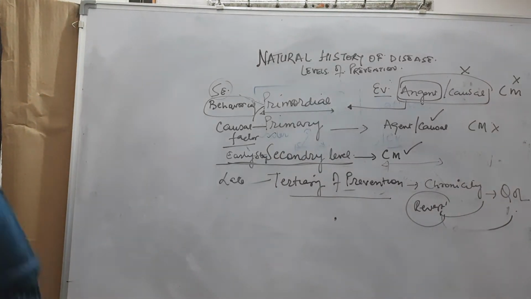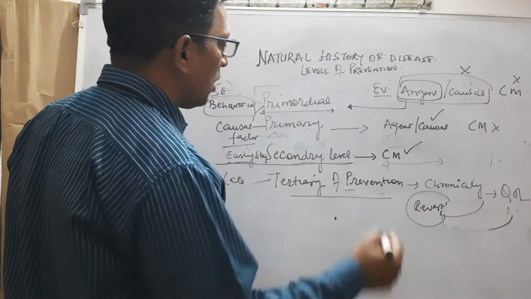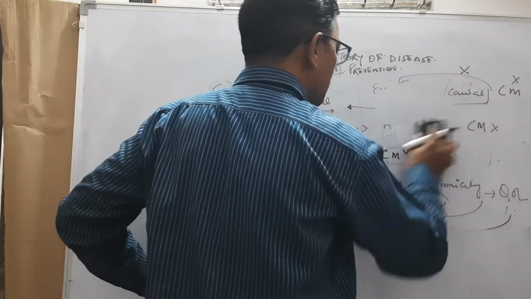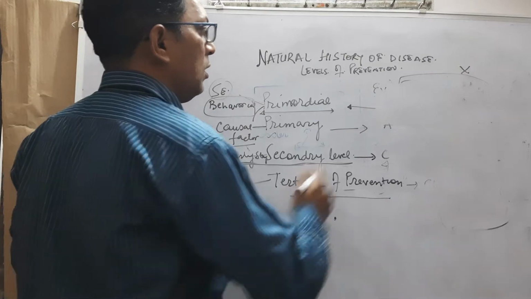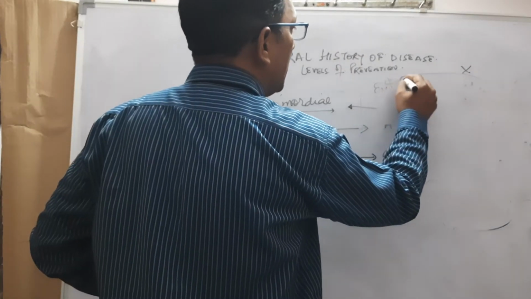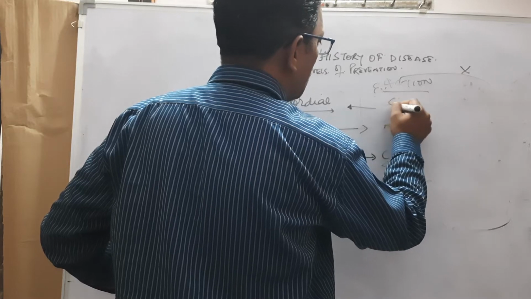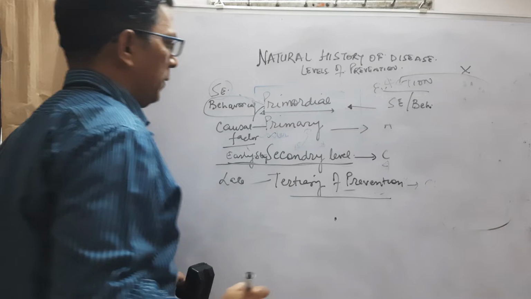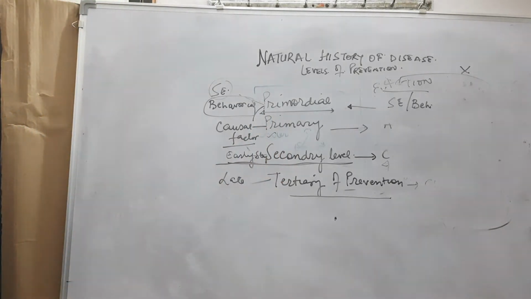So what is the action to be taken at the primordial level? The action to be taken at this level is you stop the socio-economic condition or behavioral condition here. And at the primary level of prevention, what do you do?